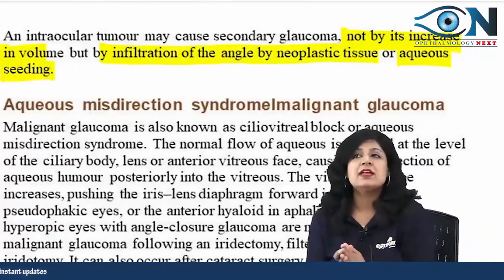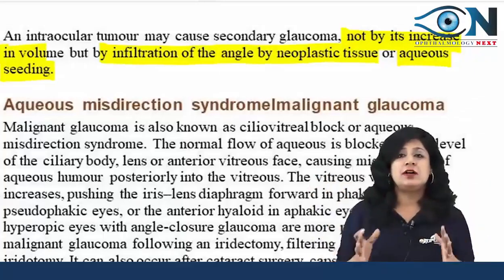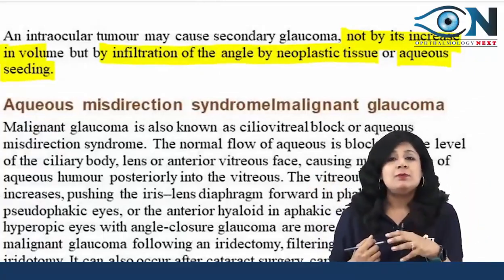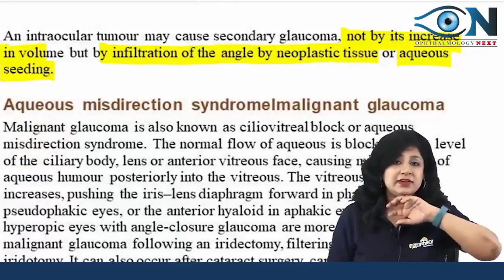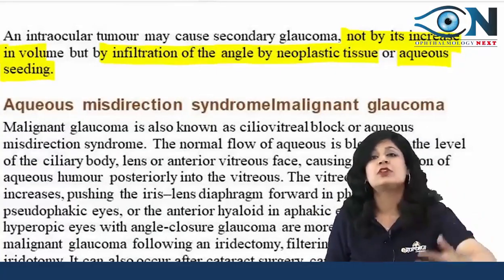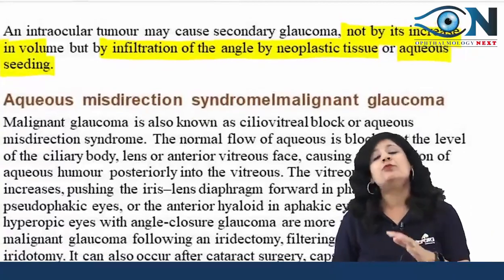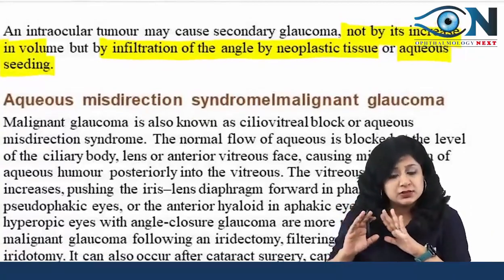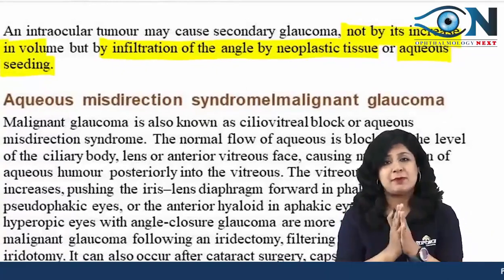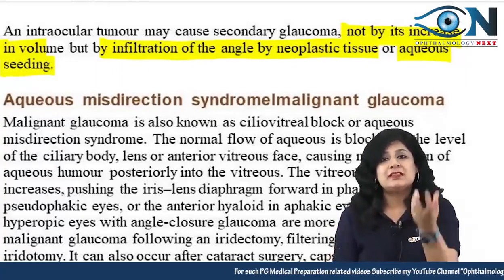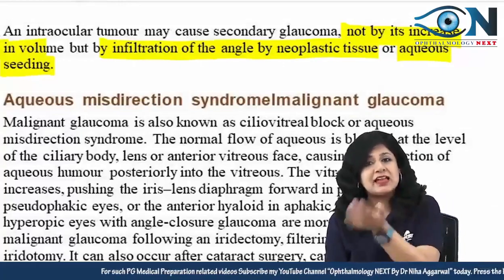To be very clear, it is not the large tumor that is causing glaucoma. It is how much the tumor is releasing seedlings, which block the trabecular meshwork spaces. It depends upon how much it is pushing the iris-lens diaphragm anteriorly. All these things make the intraocular pressure rise in cases of tumors.